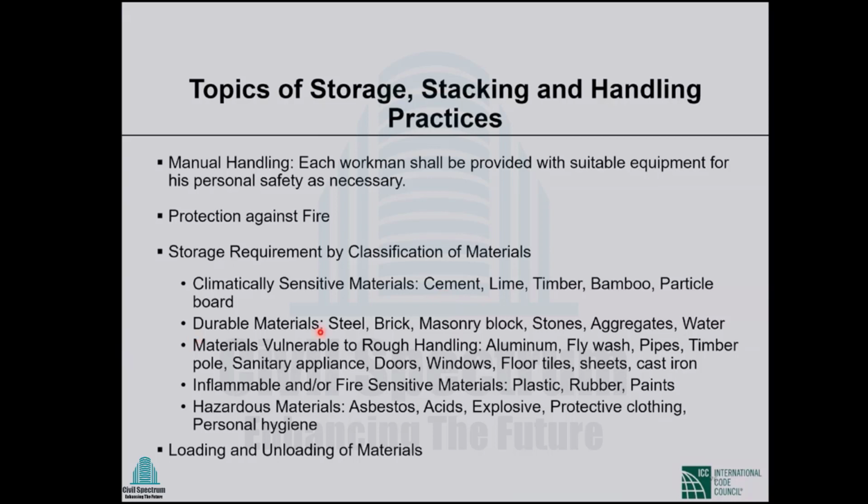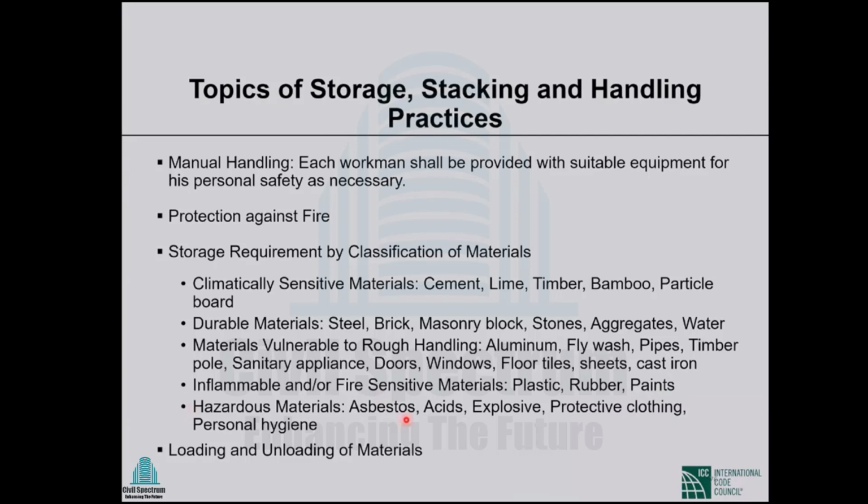Durable materials like steel, brick, etc., are not that sensitive. Materials vulnerable to rough handling, like glass. If you handle that roughly, it will break. Inflammable or fire sensitive materials like paints. I think you know that paints are very inflammable, so they have to be stored very carefully.